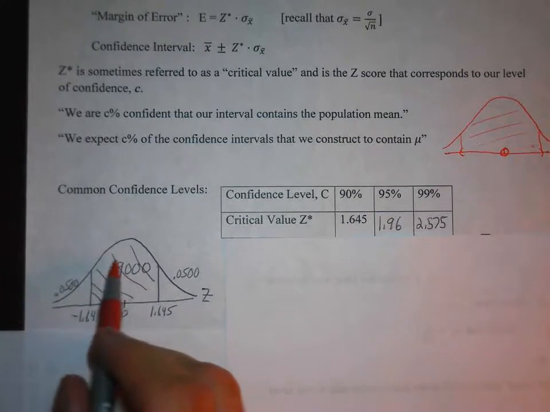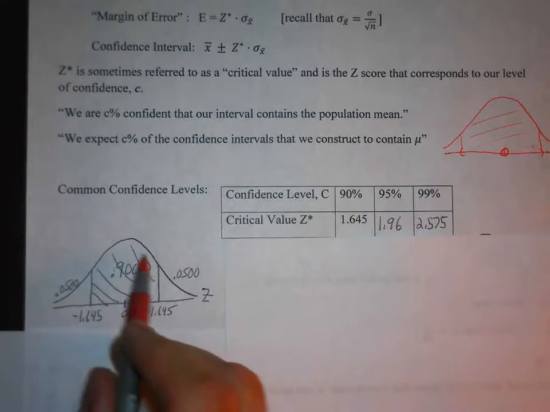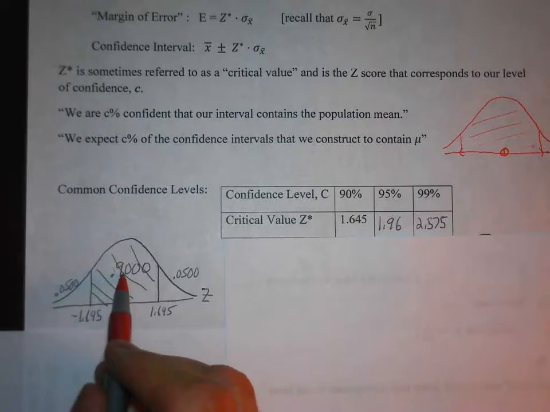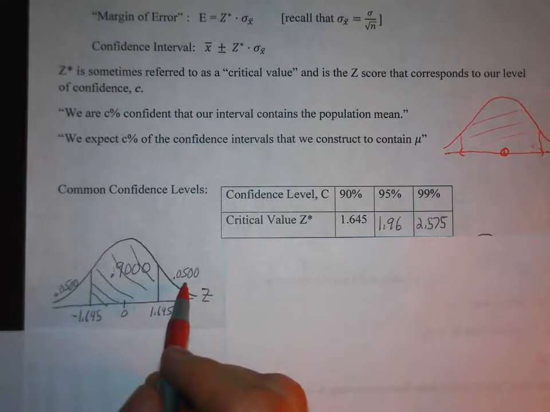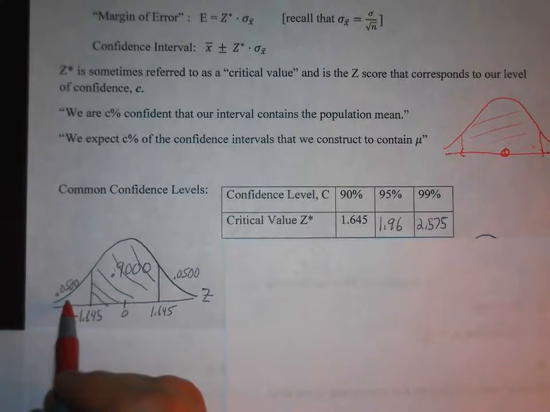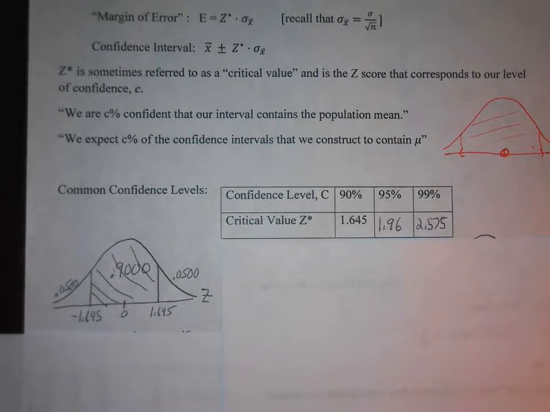Basically you have 10% left over, because you have 90% in the middle, to split between the two ends. Because of the symmetry, they're going to be the same. So you have to find the Z-score that has 0.05 to its left.